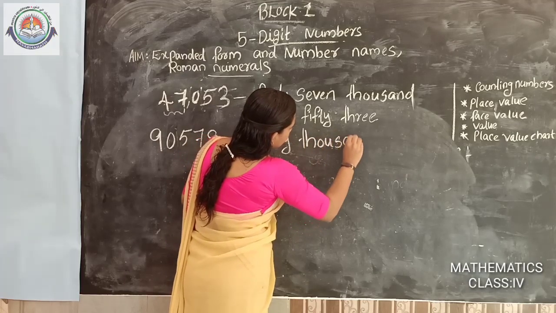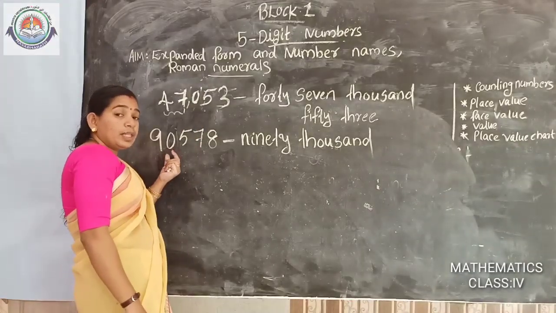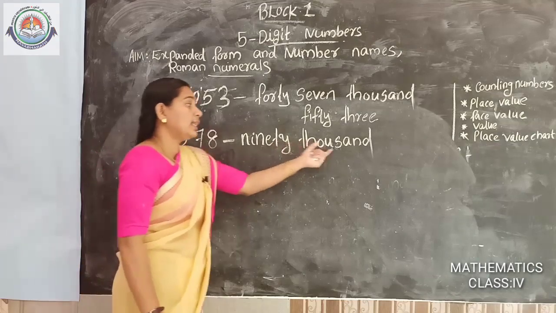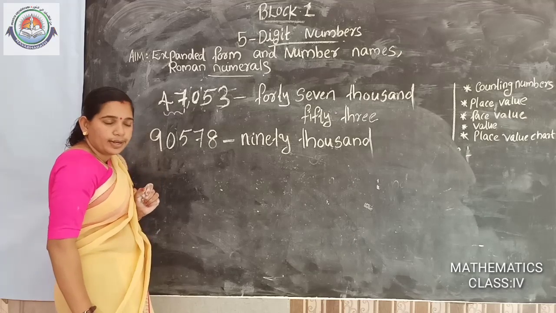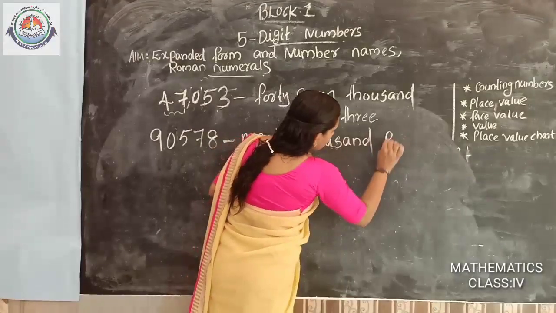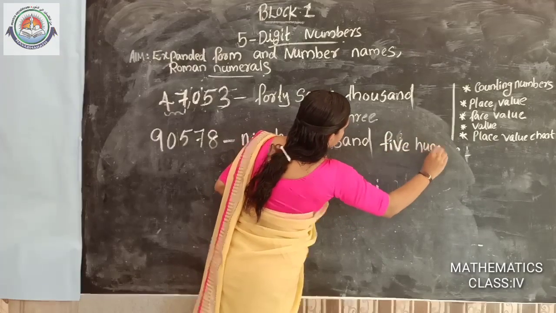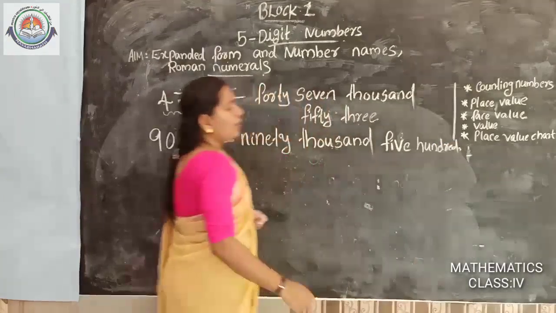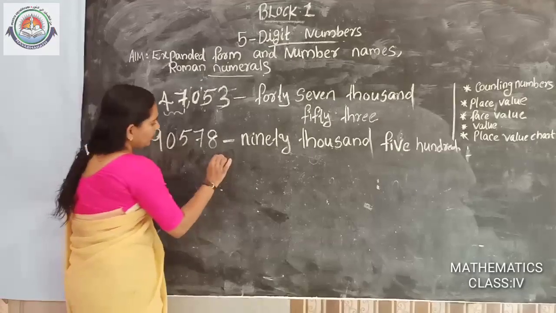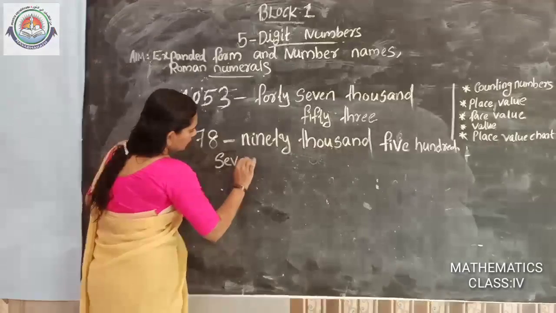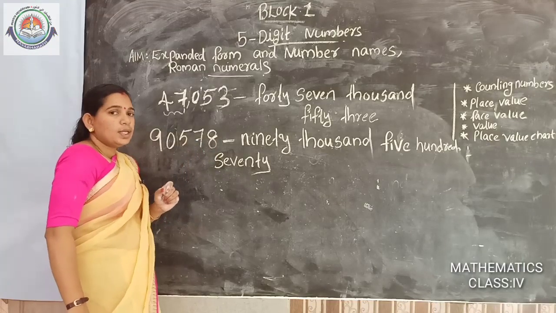So we write 90,000. 5 in the place of 100, so the value of 5 is 500. 7 in the place of 10, so 70. 8 in the place of 1, so the value of 8 is 8.